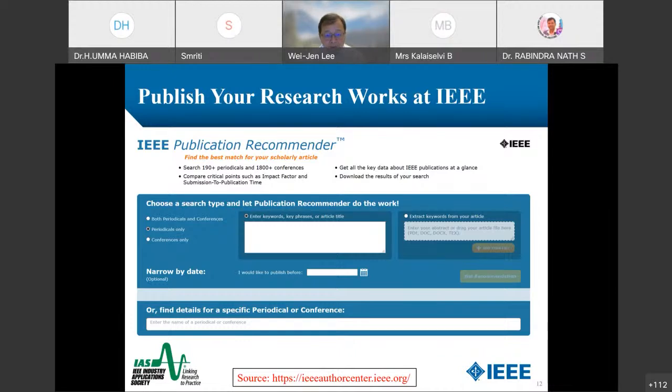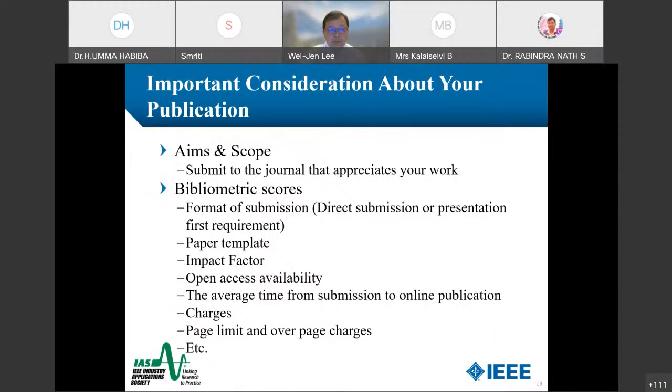Look at the scope of the society's work and what papers or magazine articles they are looking for, and whether this is the right place to submit your paper. The important consideration is that you submit to a journal that appreciates your work, because if you submit work unrelated to the journal, it will definitely be rejected.